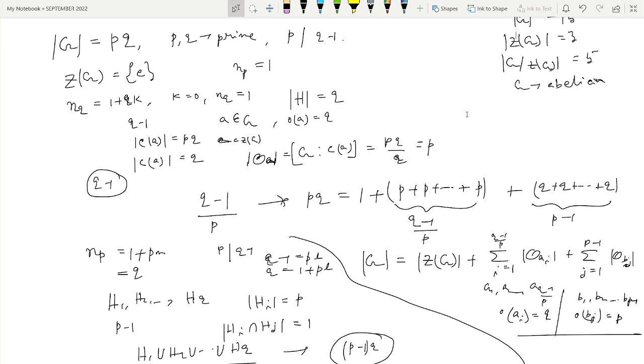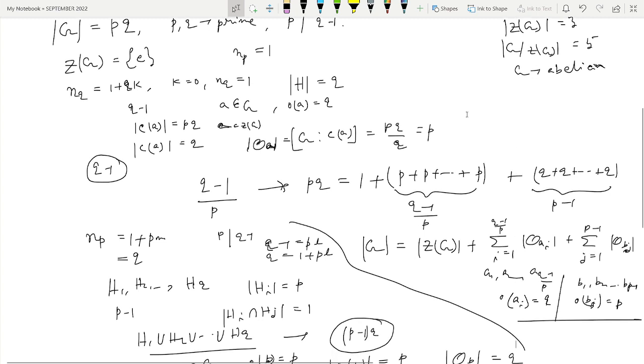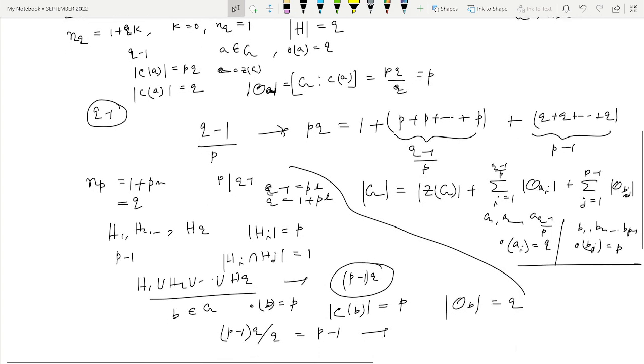So G will be abelian, and for an abelian group we have exactly one Sylow P subgroup and one Sylow Q subgroup, and G will be cyclic. So this is not the case because here P divides Q minus 1, we get another group which is non-abelian and generated by two elements.